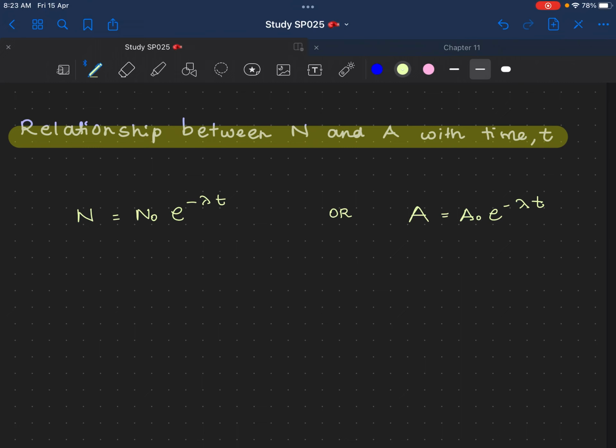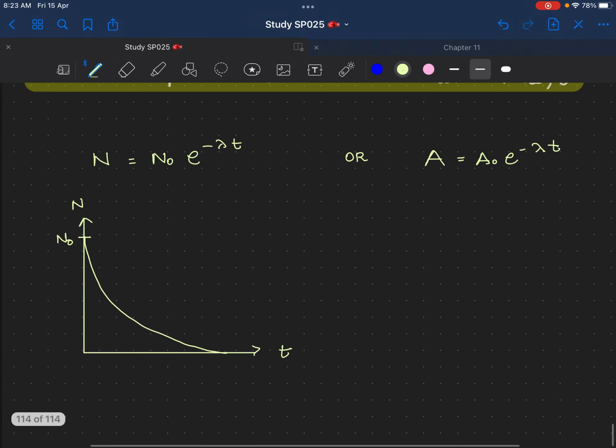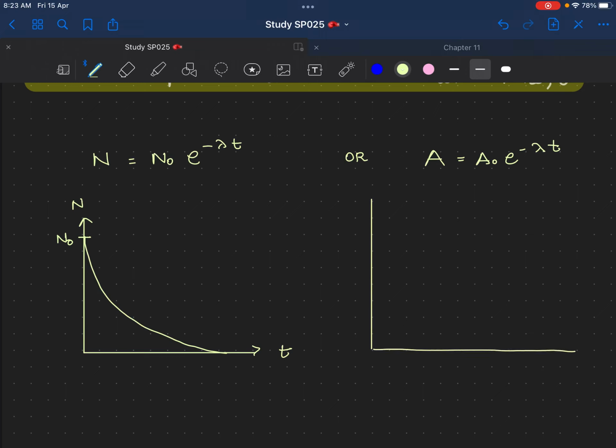That's why, when we plot a graph of N against time, or activity against time, you remember the exponential graph, you will obtain something like this. It decreases with time. At the start you have a lot, then it slowly decreases until it becomes stable. It is the same for activity: you will always get a graph like this.